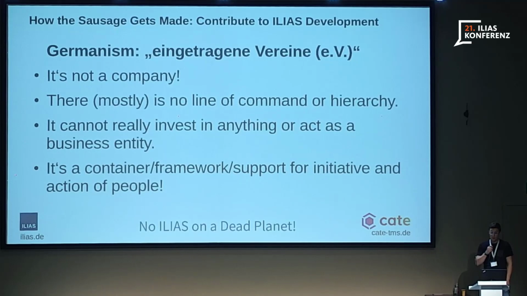Very often there is no clear line of command or hierarchy. There might be someone calling himself board or president, but usually he doesn't have direct influence on the people working with the e.V. So it's very uncommon that there is something like a command hierarchy that you would expect from a business.